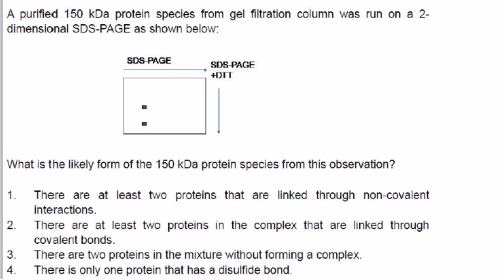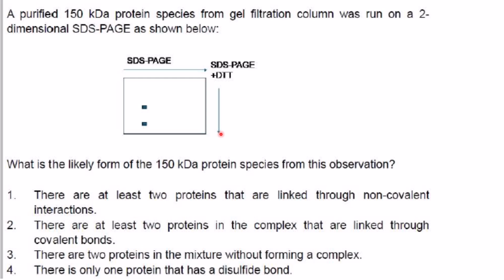Was run on a two-dimensional SDS page. Here the two-dimensional SDS page is such that in one dimension you are running SDS page and in the other direction you are running SDS page plus DTT. Now once you see two-dimensional SDS page, don't think the first dimension is isoelectric focusing and the second dimension is SDS page.